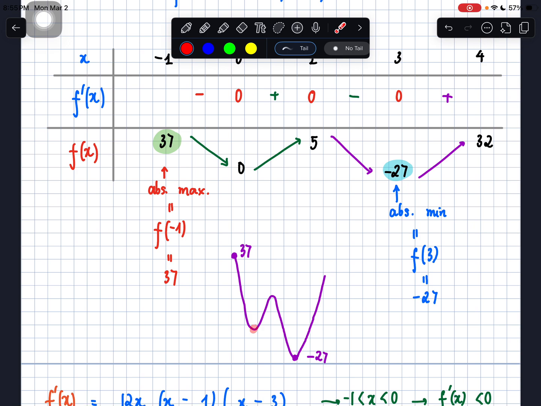It gives us a local minimum here. So 0 here is a local minimum. Then we have another one here, local max, 5.